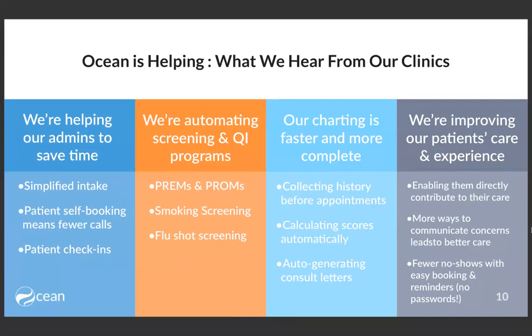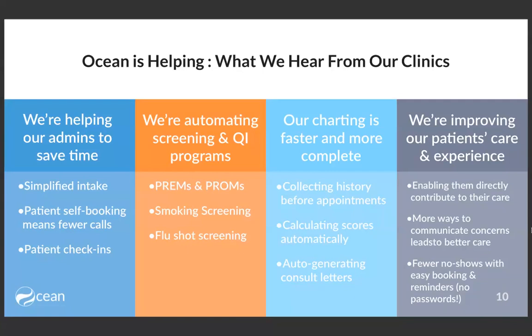And it can also then trigger other questions for the patient to try and get them into a smoking cessation program. So automating that program through Ocean, and in a way where you're taking what somebody else has done and just following that path. So lots of best practices there.